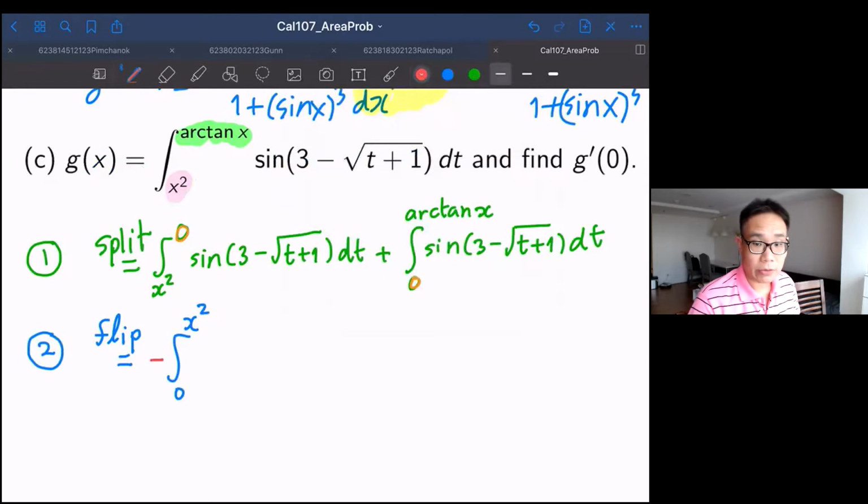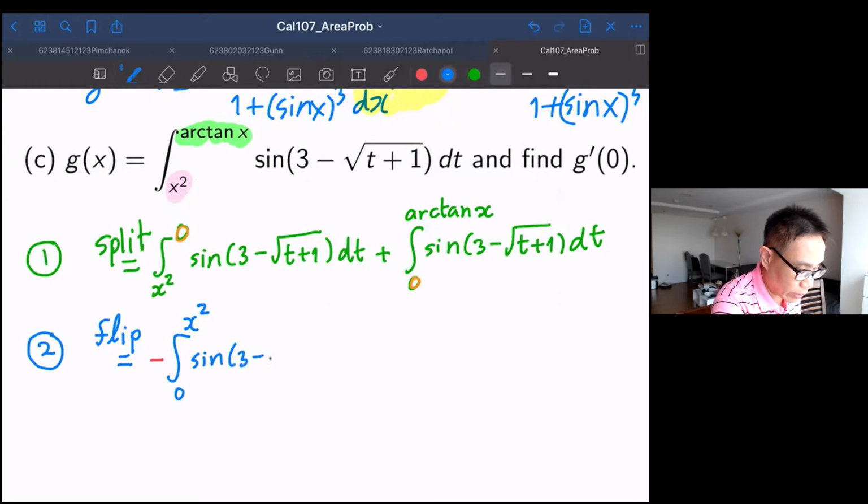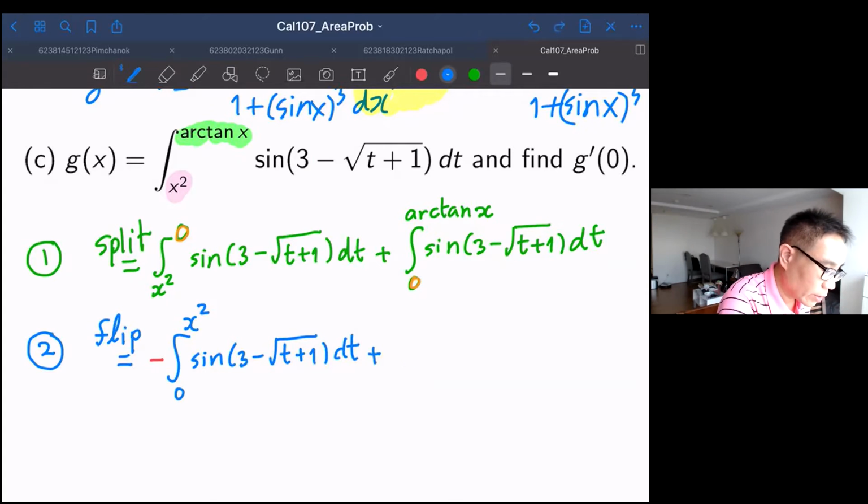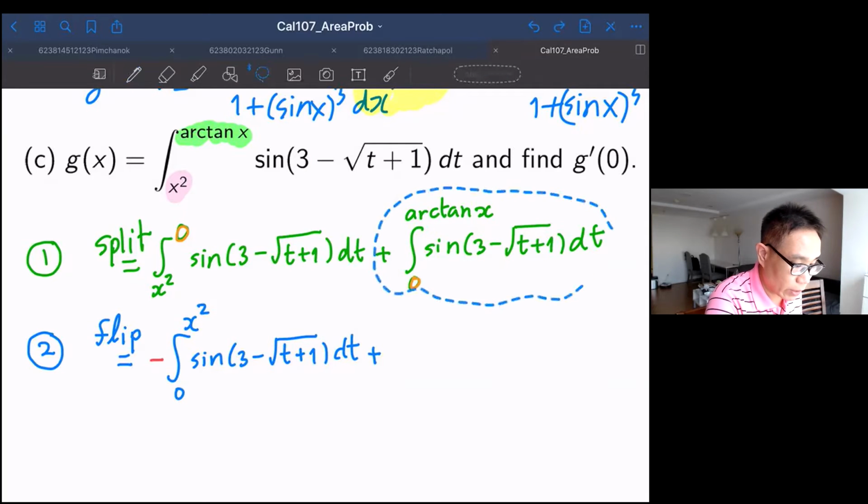So you have the negative sign and psi of 3 minus root t plus 1 dt, and you add the same term. Let me just copy this one down.